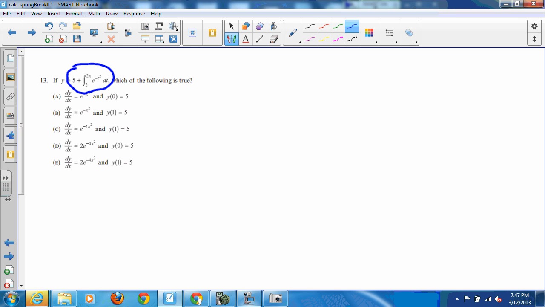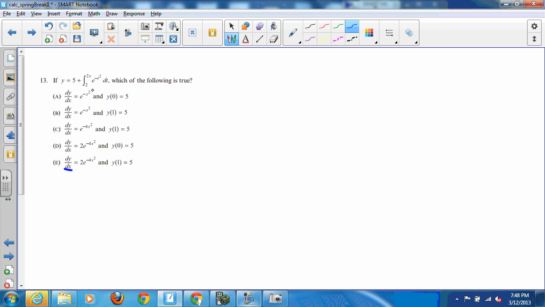And in this section over here, it looks like maybe we're going to use the second fundamental theorem of calculus. Although that's not an x, it's 2x. We can use the chain rule if we have to. I think we are, because look at all the answer choices. They all have the derivative all the way through. So let's take the derivative.